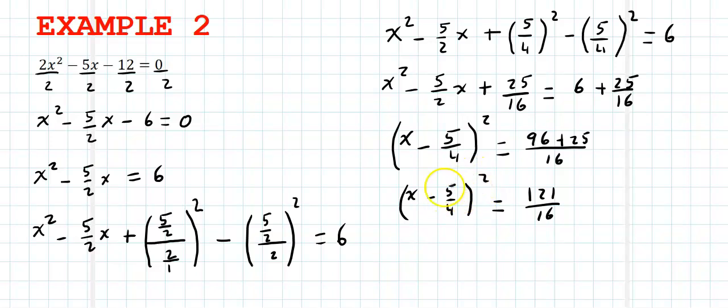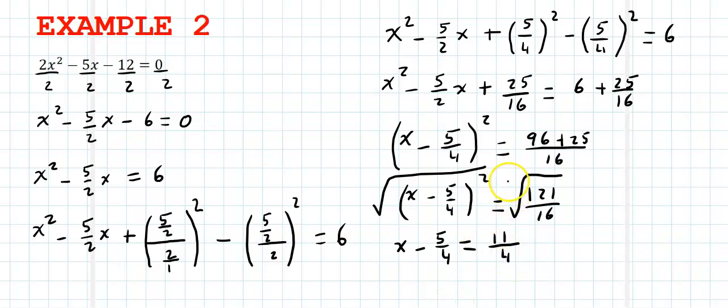So for the solution, we take the square root on both sides, and we have x minus 5 over 4 equal square root of 121, which is 11, and the square root of 16 is 4.